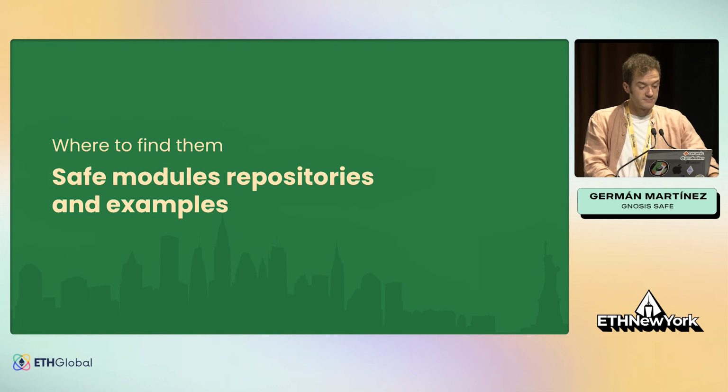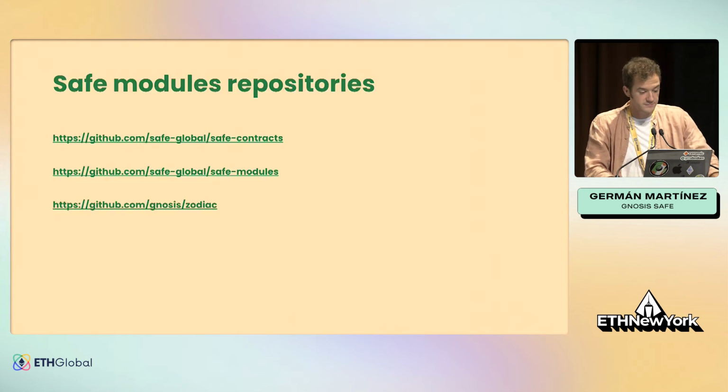So here are some module repositories and examples you can read. We have the Safe Contracts repo in the Safe Global user on GitHub. There you can find the core contracts, the module manager, and the guard manager that implement the functions to manage these elements.